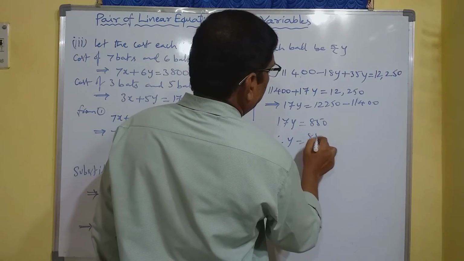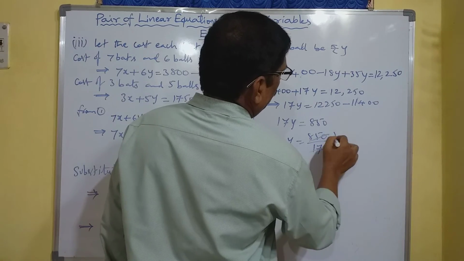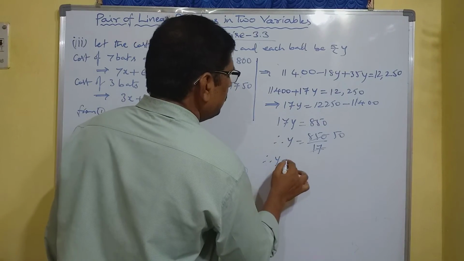Therefore, y is equal to 850 by 17. So 17 fifties is 850. Therefore, y is equal to 50.